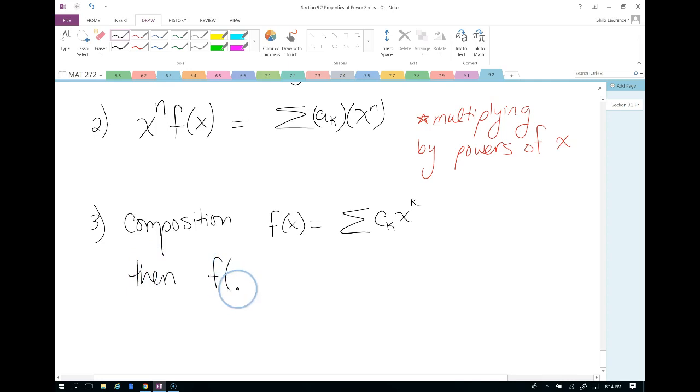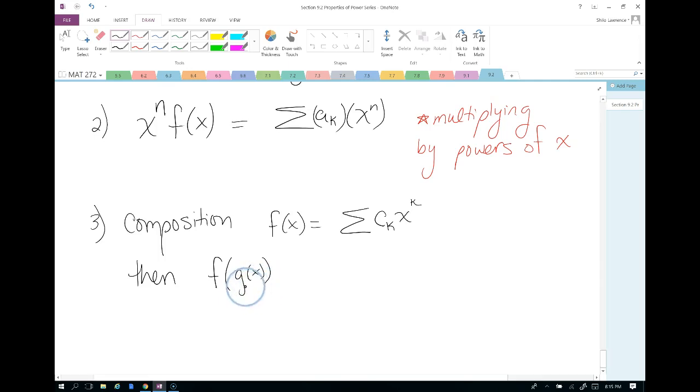Then f of any other function, I'm going to call it g of x, because it could just be replaced with a different linear function. So in x we could say 3x or x minus 1, but it works really for any type of function, not just linear functions. I can say f of square root x or f of sine x. We really wouldn't want to use sine though, because our goal here is to make a polynomial.